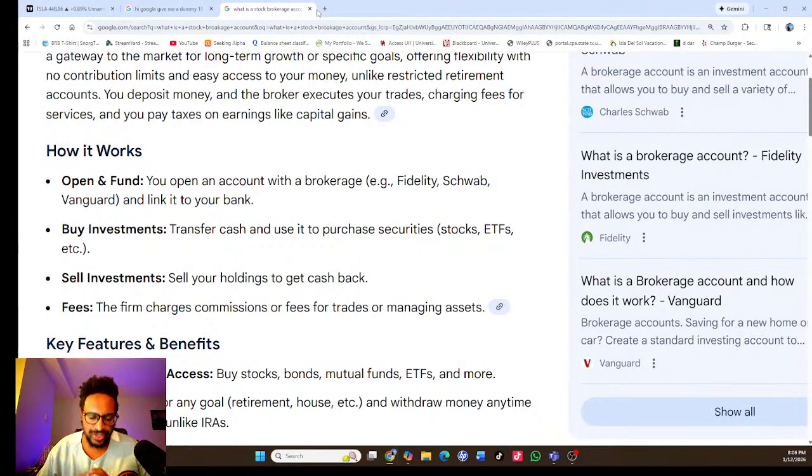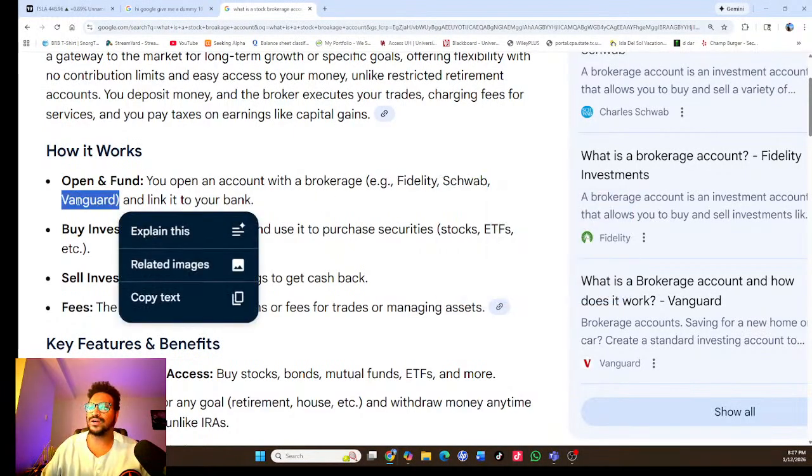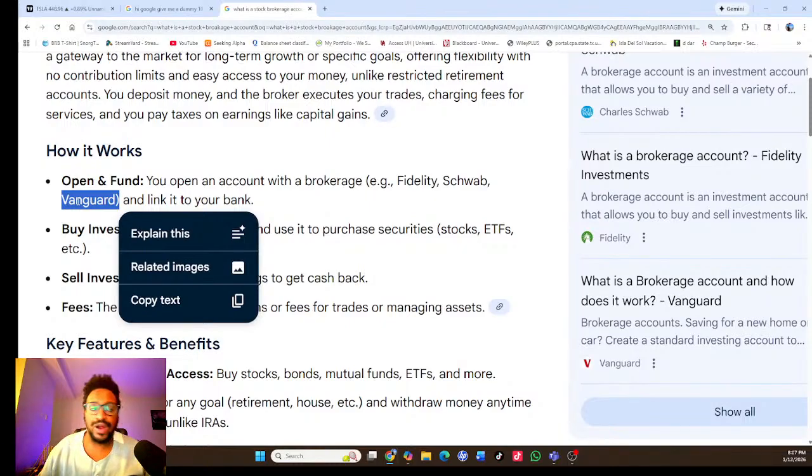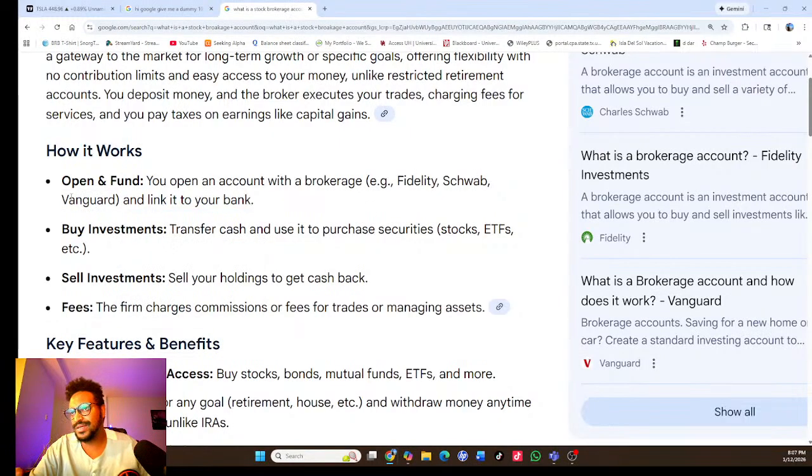Those shares are available for purchase through a brokerage. So you go to one of these: Fidelity, Schwab, Vanguard, Robinhood. I use Robinhood. I know my friends that use Schwab. I know some people that use Fidelity. I've used Vanguard myself.